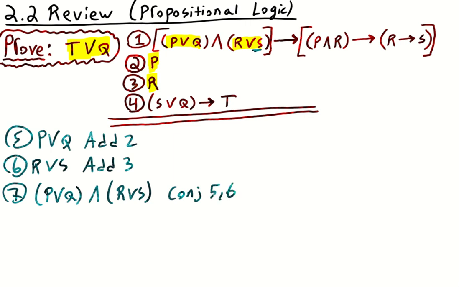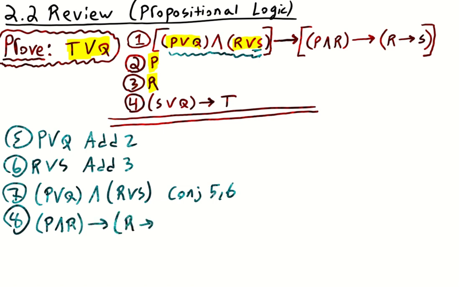And now we can affirm that antecedent to affirm the consequent. So for line 8, we get parentheses P and R implies parentheses R implies S, close parentheses. By modus ponens, lines 1 and 7.